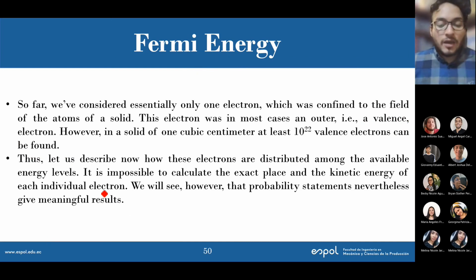Let's talk about this last concept of the unit, which is quite interesting and important. What is this Fermi energy? So basically, we've been talking so far about only one electron.